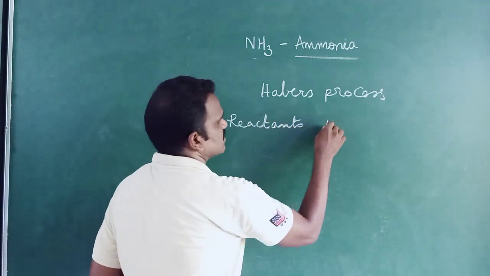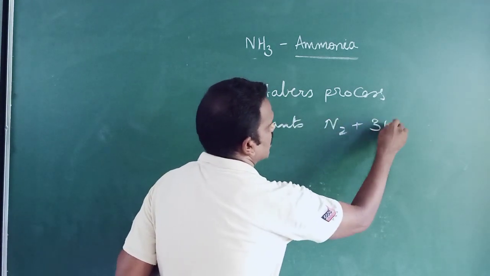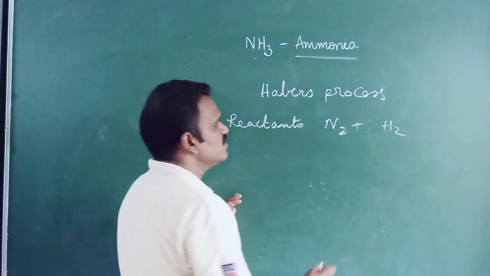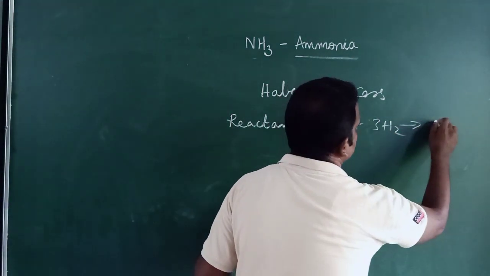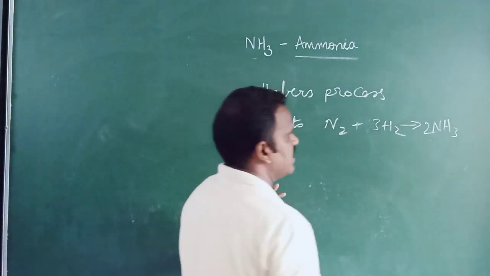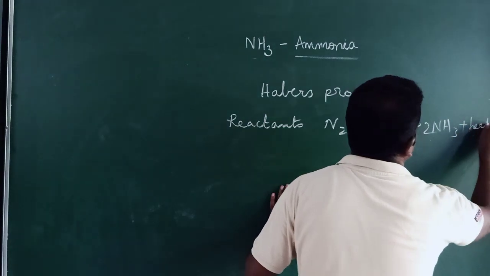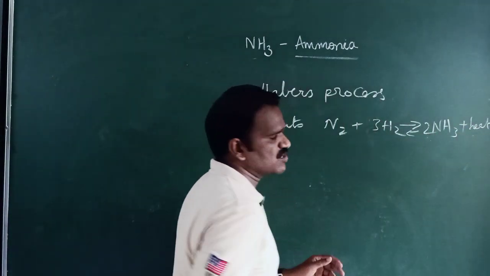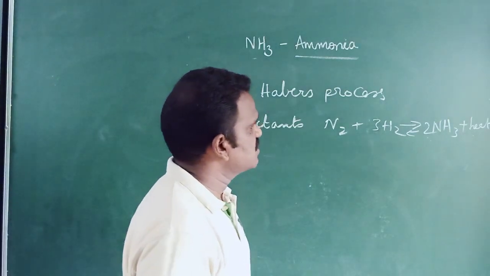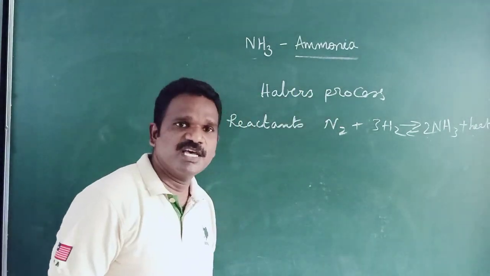Reactants are nothing but nitrogen and hydrogen. If you see the chemical equation, both of these will react together to form ammonia and heat. It is a reversible reaction. So N2 plus 3H2 gives rise to 2NH3 plus heat. This is the equation for Haber's process.